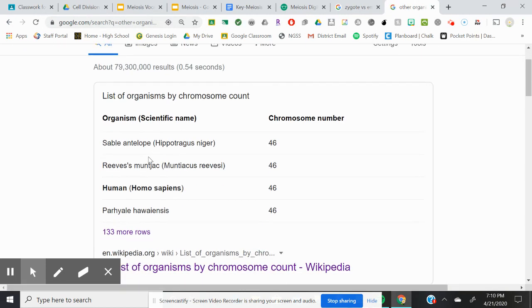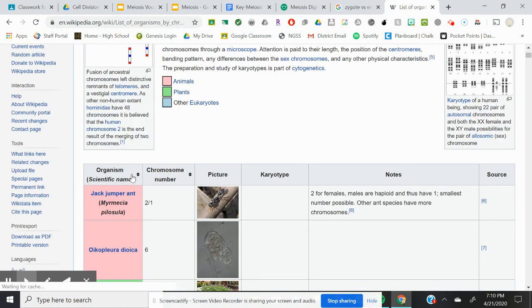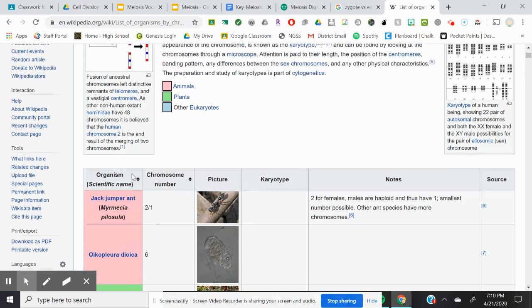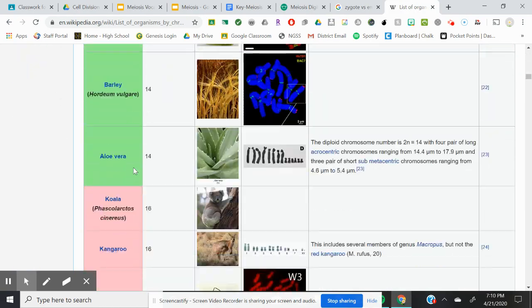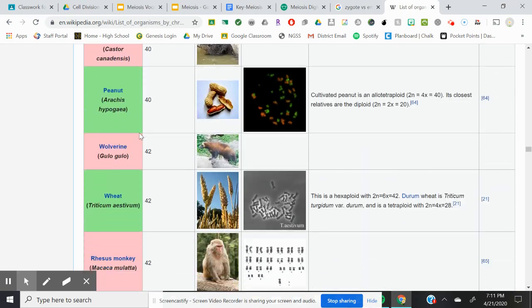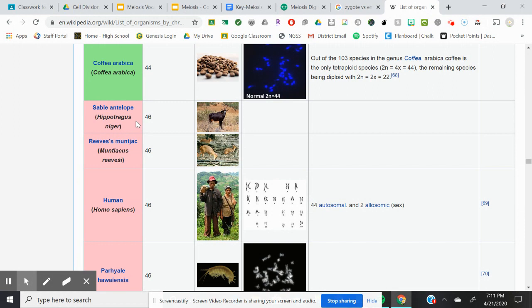A sable antelope. What else do we got? I've never actually looked this up. Sable antelope, human.